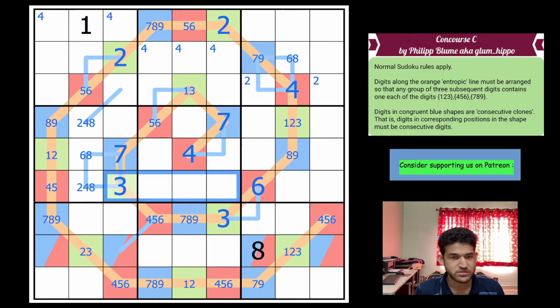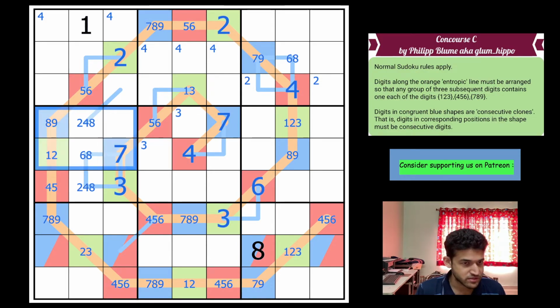3 is not here, 3 is not here, 3 is forced in here. And if you look where the 9 goes, there are only 2 possibilities for 9, either this cell or this cell.